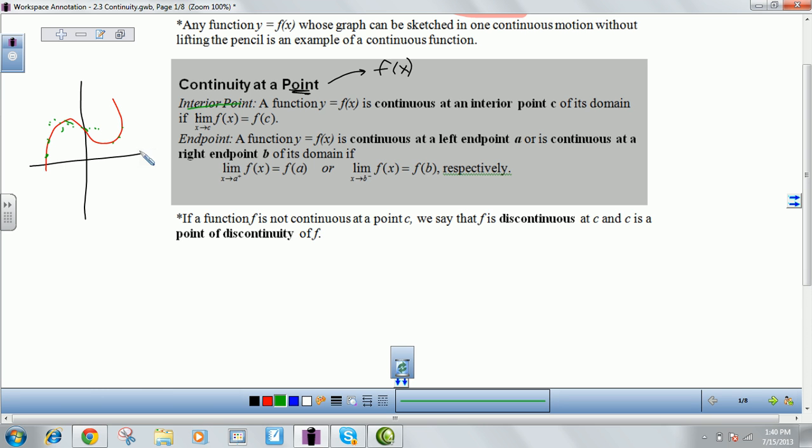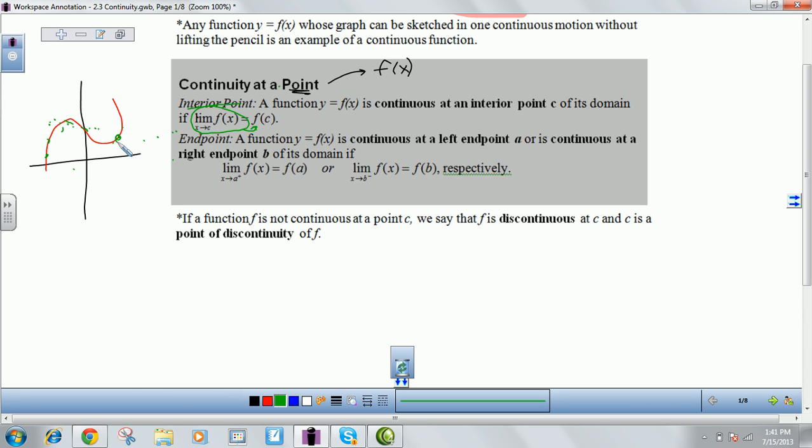Now, if y is equal to f of x is continuous at an interior point c in its domain, the only way that can be true is if the limit as x approaches c of f of x is equal to the y value at that point, f of c.